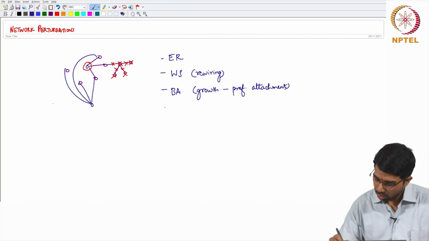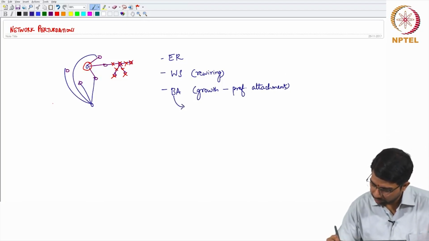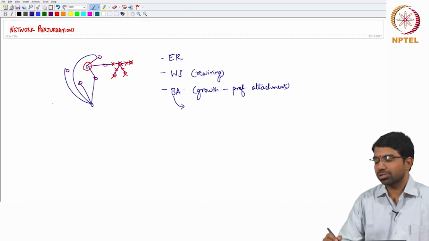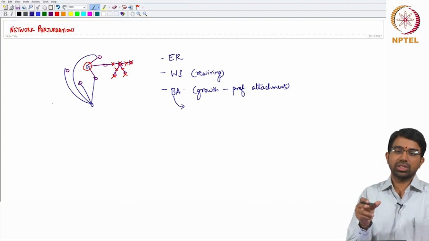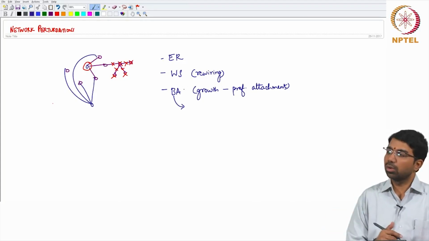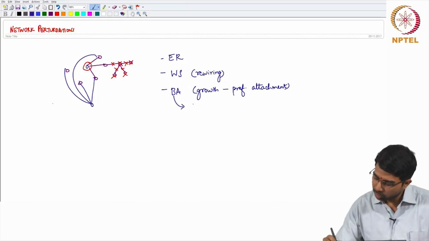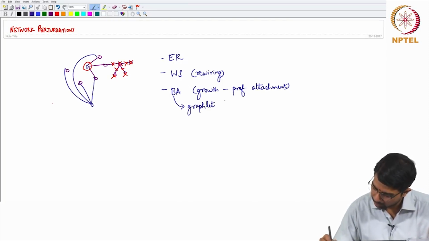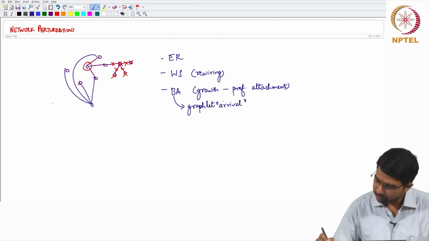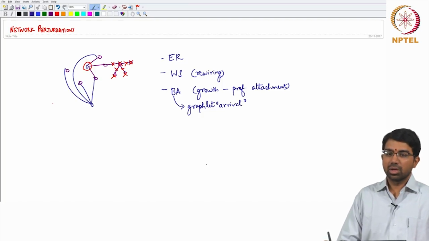Even in Barabasi, the classic example that we looked at was what happens when you add one node at a time. You start with an initial network and keep adding one node at a time, but you may have what is known as a graphlet arrival. What is a graphlet?